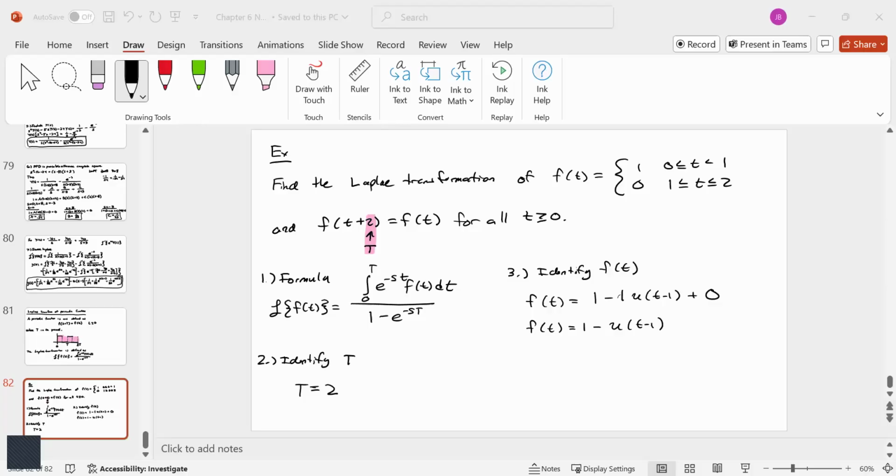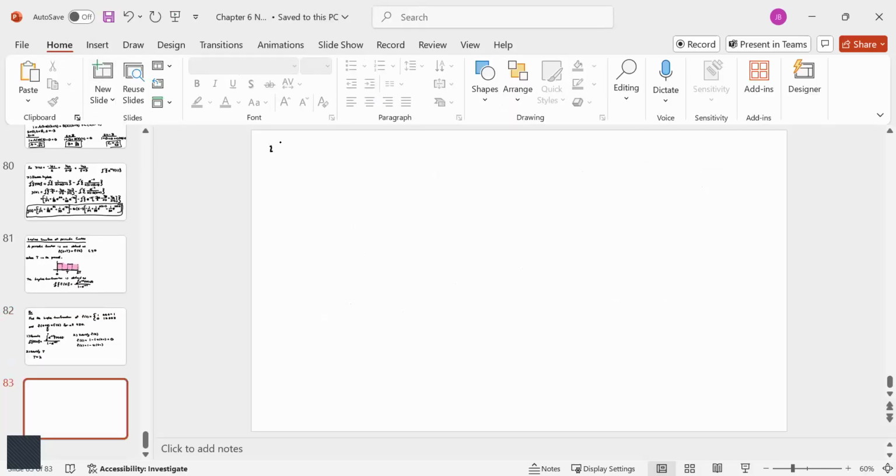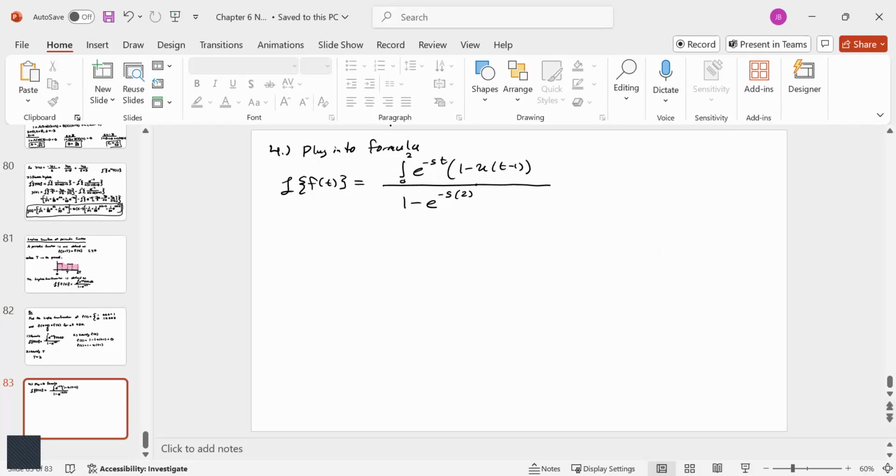Step 4 is we're going to plug into our formula. This is where it actually gets interesting, because we have 1 minus e to the negative 2s, and then the integral from 0 to 2 of e to the negative st times 1 minus u of t minus 1 dt.